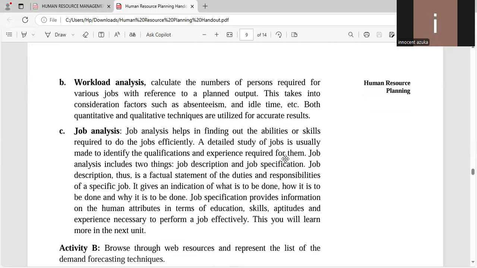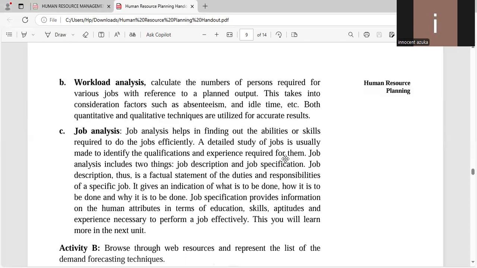So job analysis helps in finding out the abilities or skills required to do a job efficiently. A detailed study of a job is usually made to identify the qualifications and experience required for it.